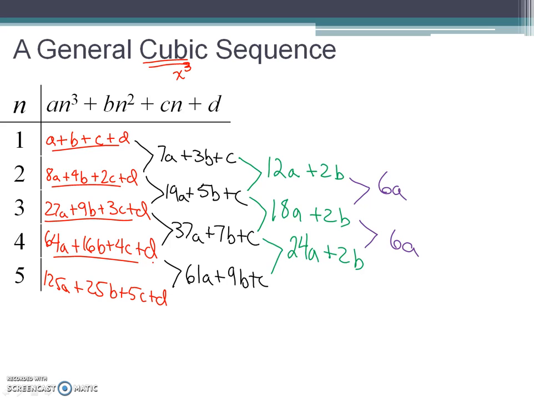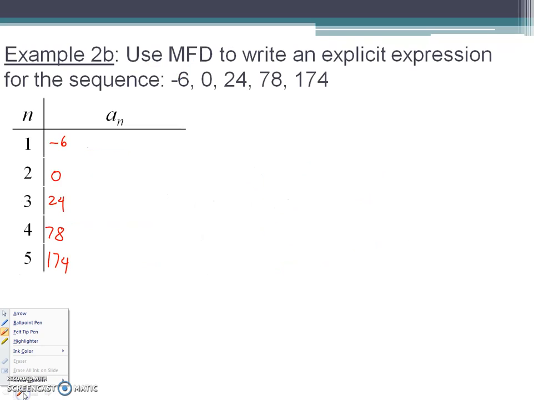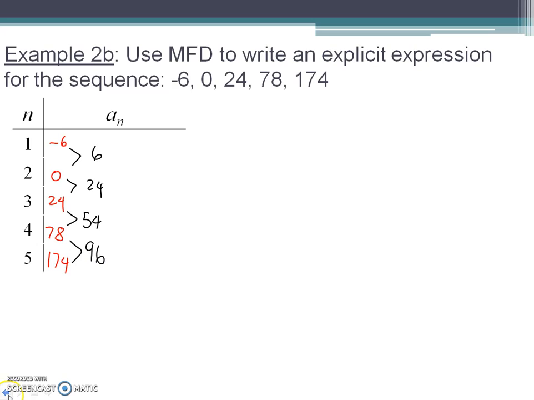So let's go ahead and set up the array of numbers. Make sure it's cubic by finding that third common difference, and then we'll take it from there. So start finding your differences. This is 6, 24, of course, 54, and 96. No common difference yet. We'll do the next layer in green. So now we've got 18, 30, and 42.